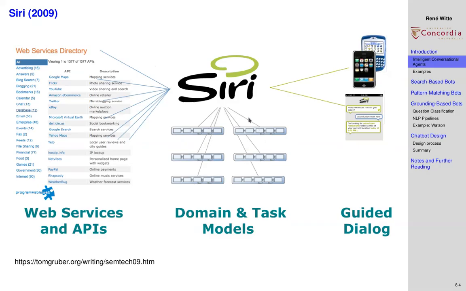It can use all the resources it has available on the phone, such as information about you, your address book, your location, your calendar, your events, and then it can use all of this information to do something useful. For example, booking a ticket, finding a route, looking up restaurants near you, opening hours, and so on.